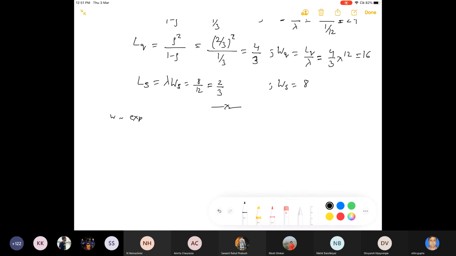S is exponential with parameter mu. Okay, so next time we will determine the CDFs of all. Okay, let us stop here.